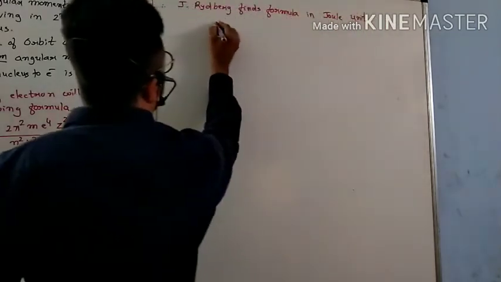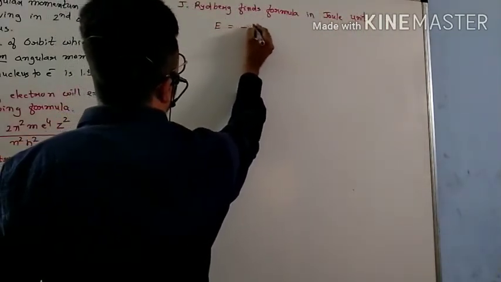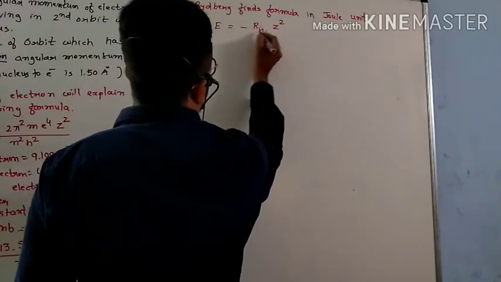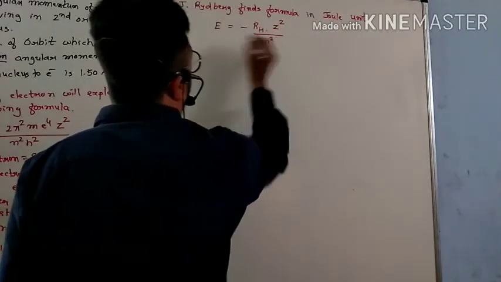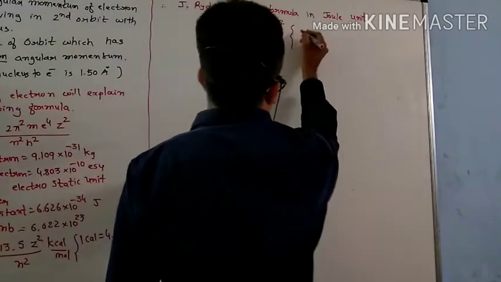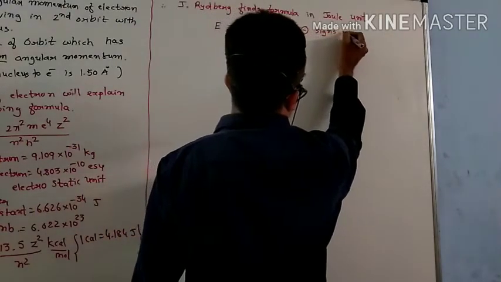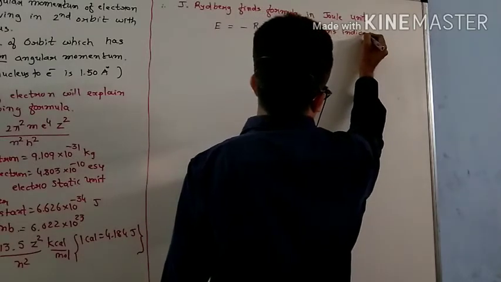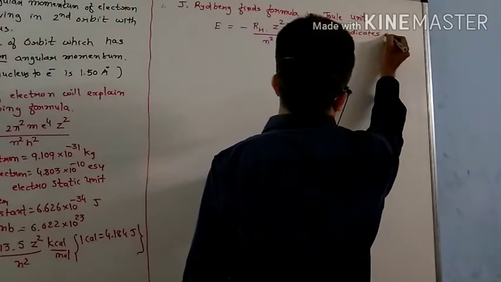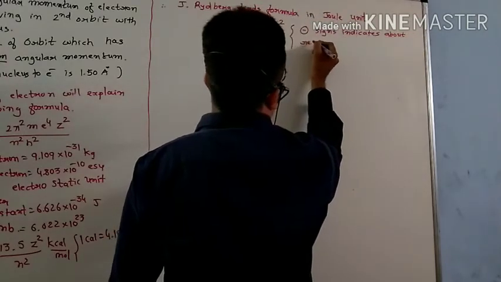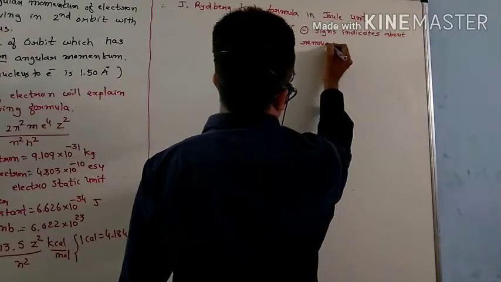The formula is here, E is equal to minus RH into Z square upon n square. Here the negative sign indicates removal of energy.